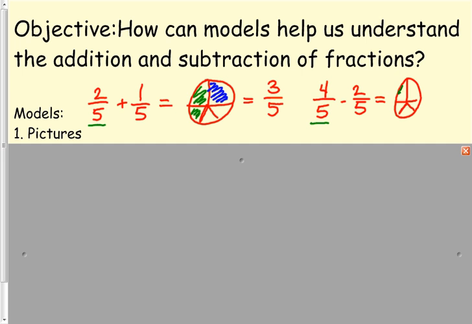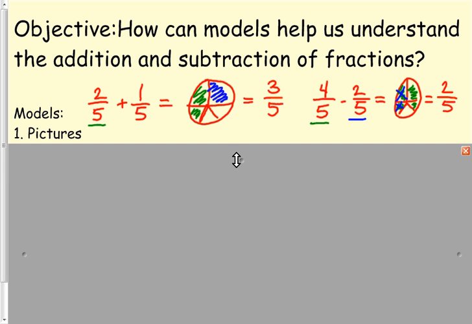So we shaded in 1, 2, 3, 4/5. Now when we subtract, it means we take away. So I'm going to take away 2. And now I ask, how many do I have left that are shaded in? I have 2 out of 5 shaded in. So that's a quick review of one of the models.